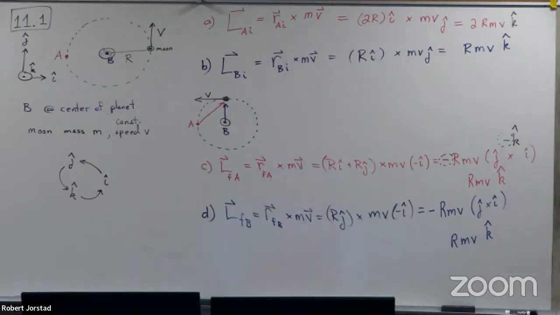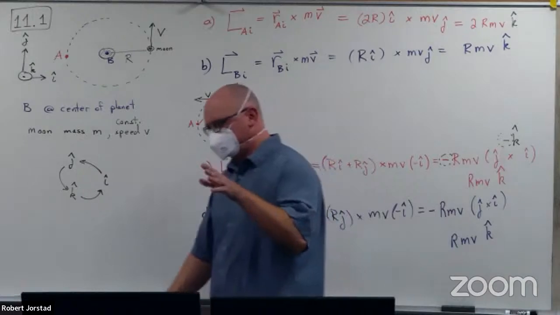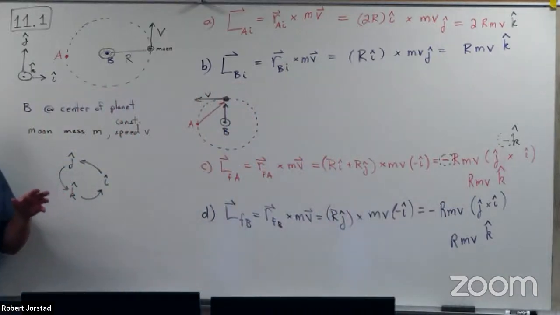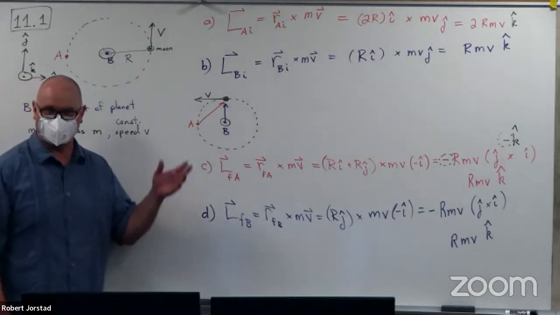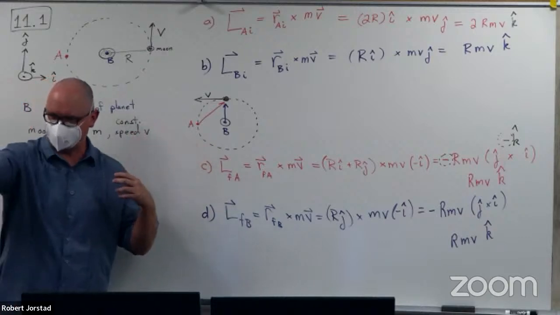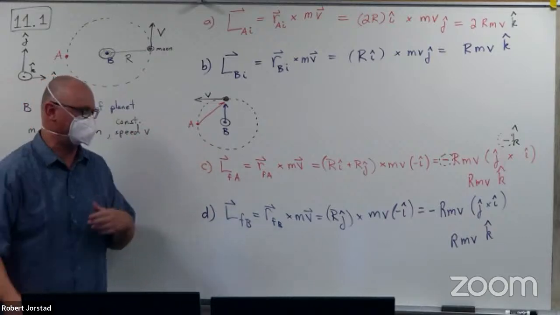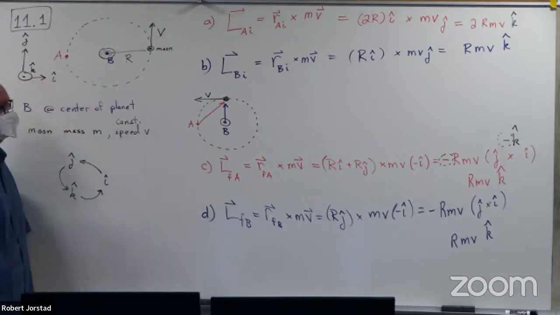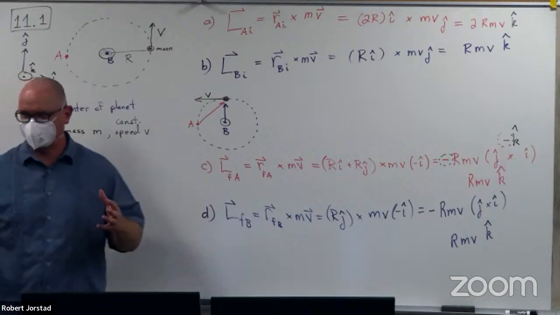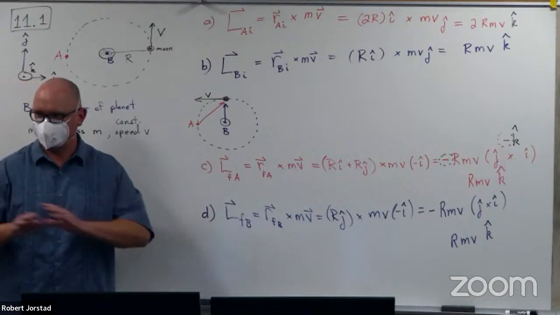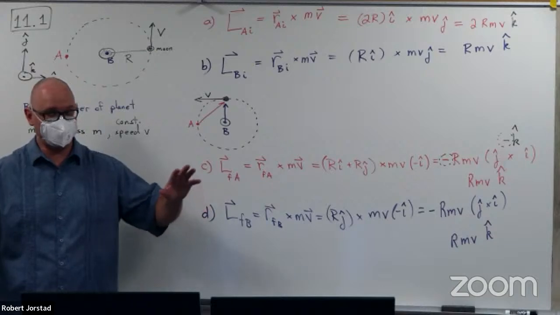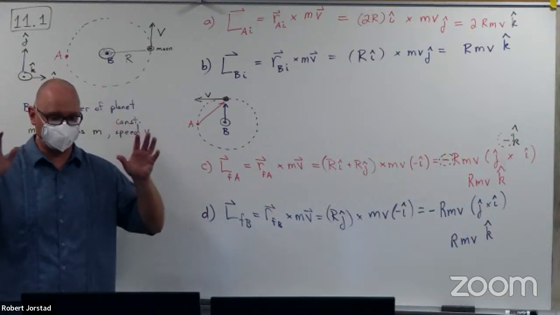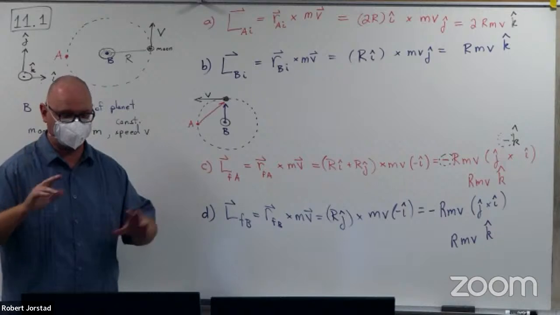Just because you can choose any point you want doesn't mean you should be stupid about it. You should pick a pivot point that seems like the logical one, which is what your intuition told you, which was excellent. In general, just because we could use point A doesn't mean it's a good idea. If there's a pivot point in a problem, use the pivot point. Enough said? There are weird cases where you could solve problems by choosing a weird pivot point.